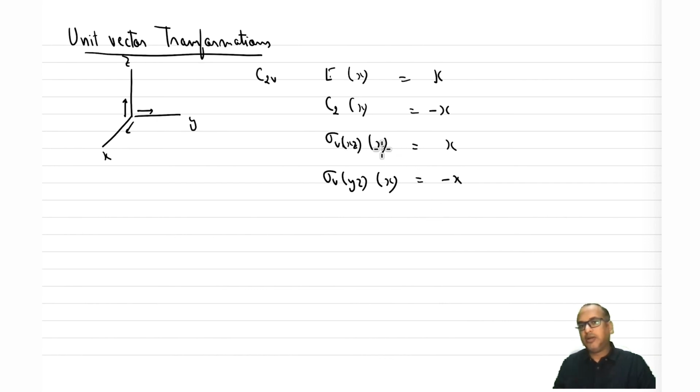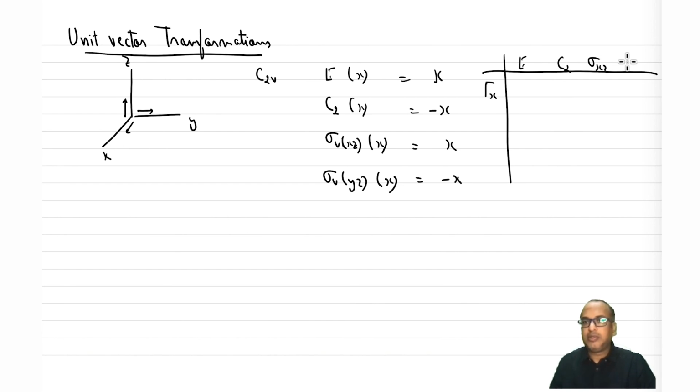So sigma xz operating on x will give you x back, sigma yz operating on x will give you minus x, right? So if I now want to write the corresponding matrices, let's call this representation tau x. So this will be 1, minus 1, 1, minus 1, right?